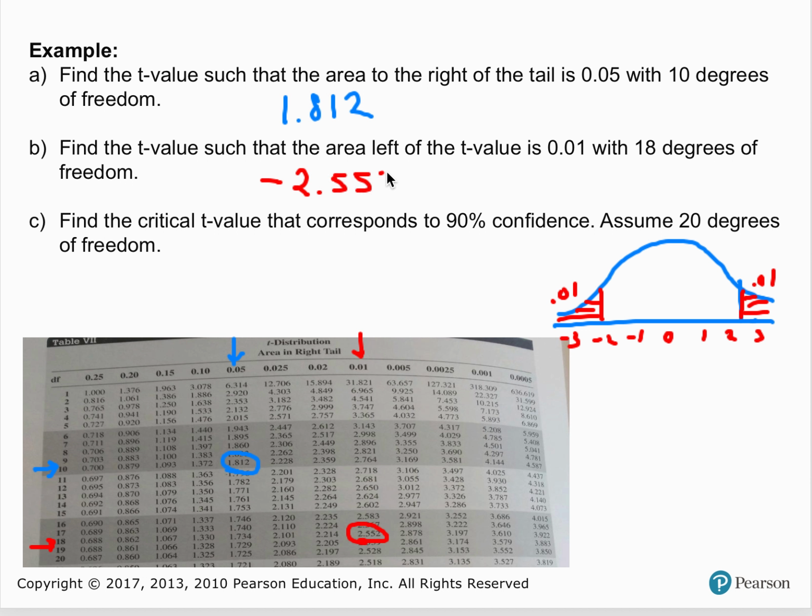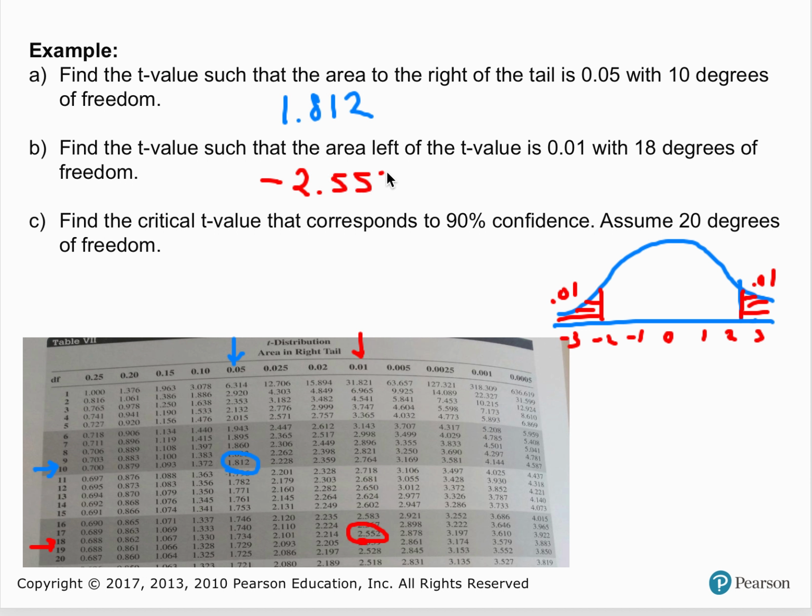So I'm going to look across until I have this 0.05, right, because 1 minus 0.90 is 0.1 divided in half is 0.05.